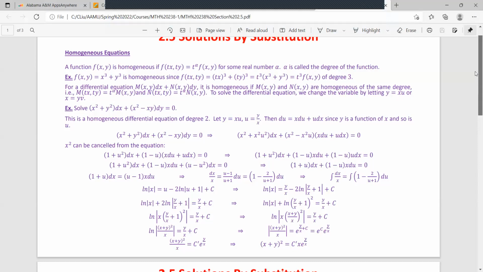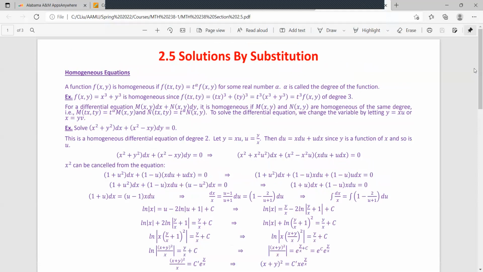Okay, so last time we just talked about homogeneous equations. We talked about homogeneous functions. That means essentially all the terms of the function have the same power when the function has two or more variables.